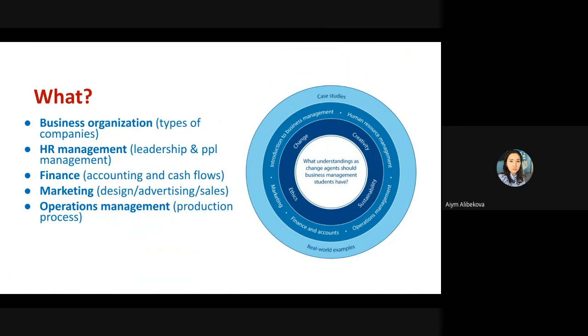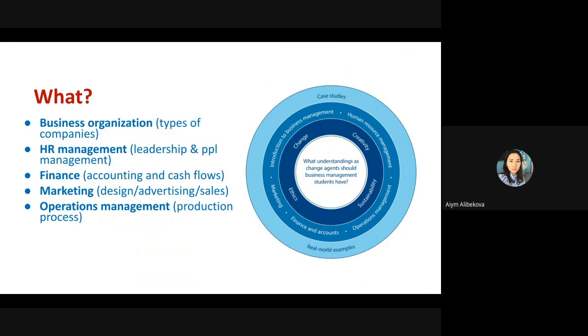In the business management course, you're going to explore and study different areas of business, like business organization, types of companies, HR management, human resources, leadership, people management, workforce recruitment. Finance. This part of BM is accounting and cash flows, literally related to money, how it functions and how it is managed.